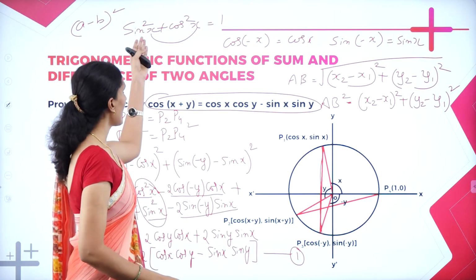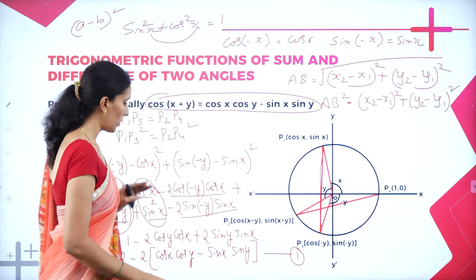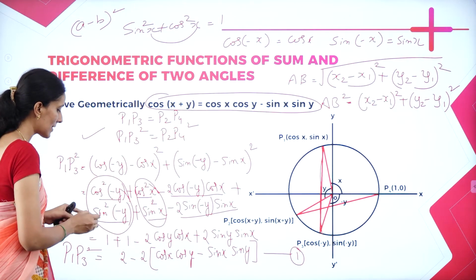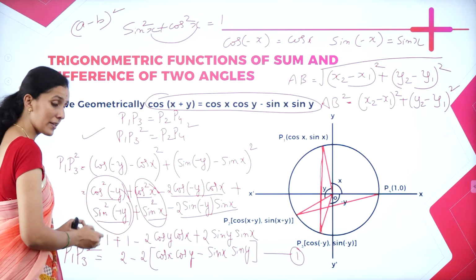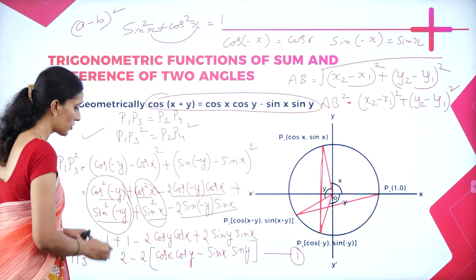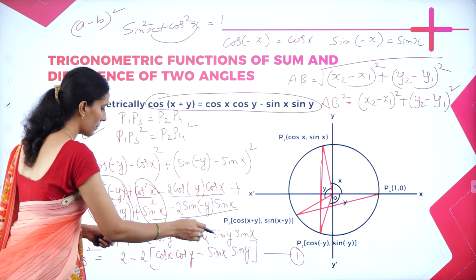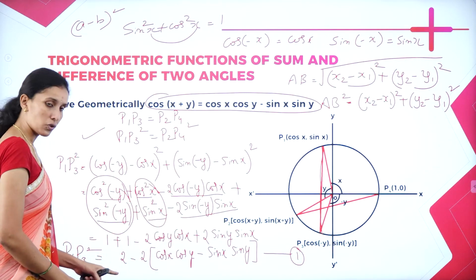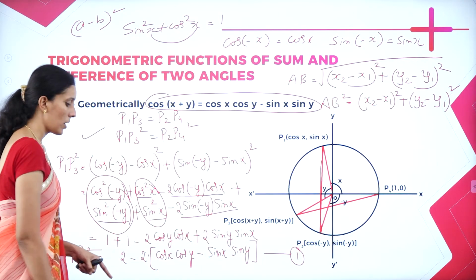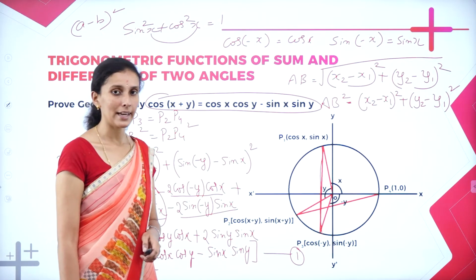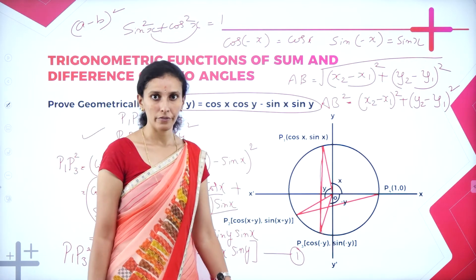We know that sin square x plus cos square x is equal to 1. The angle value is the same, so the sum is 1. Similarly, it is equal to 1. And write the remaining term. So 1 plus 1 is 2, and you can take 2 as a common factor here. This you will get in this form: 2 minus 2(cos x cos y minus sin x sin y). Take it as equation 1.